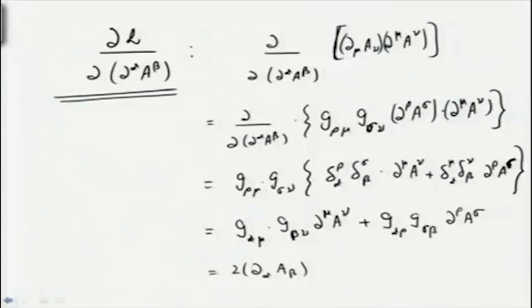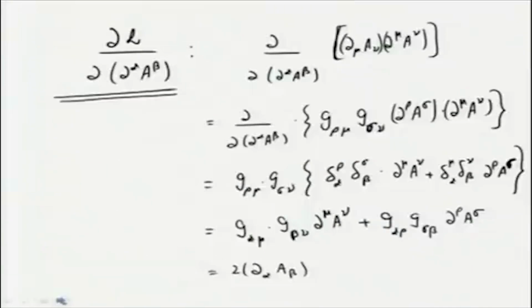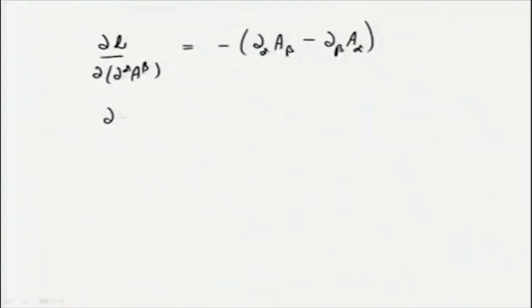Okay. And this is the first part. The other term in the Lagrangian is j^μ A_μ with a minus sign. So, that will give you ∂L over ∂A_α equal to minus j^α. Okay, let me take the same with j^β, and that will give you j^β.